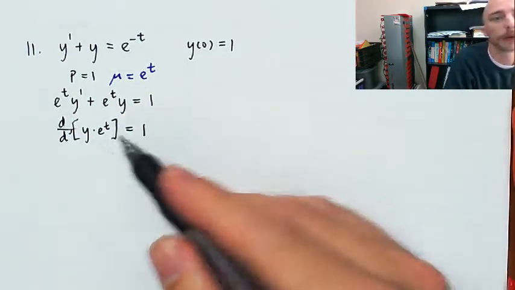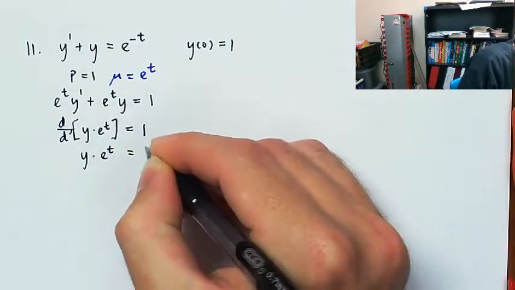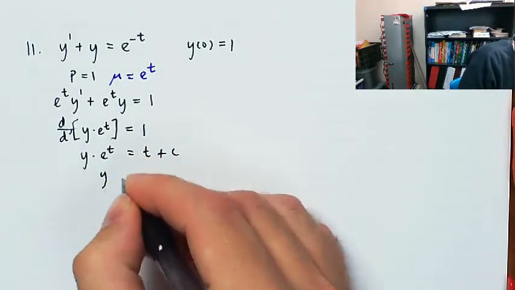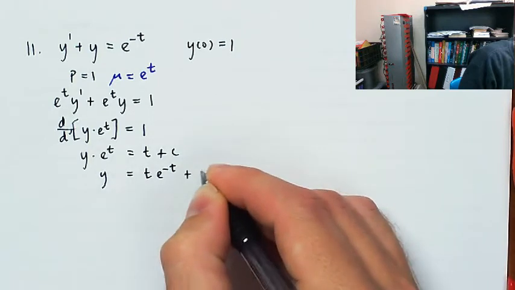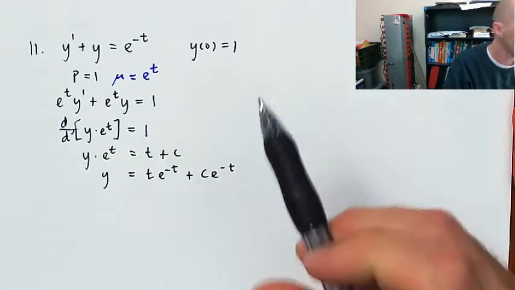I'm going to anti-differentiate both sides, and I'll get y e to the t equals t plus c. And then y equals t e to the negative t plus c e to the negative t, when I divide both sides by e to the t.